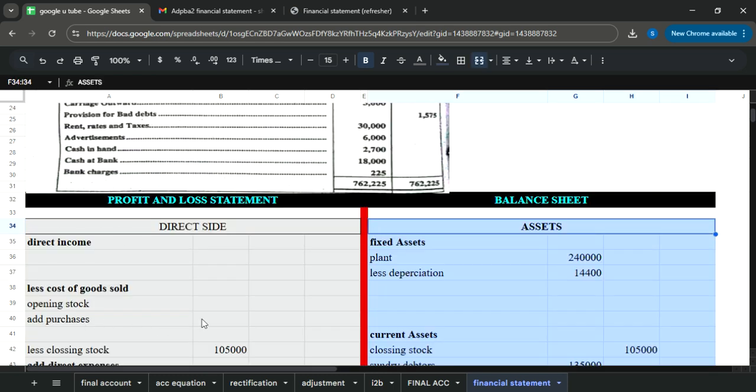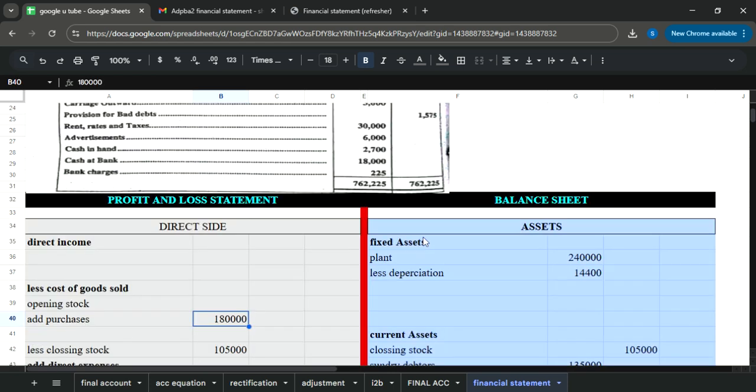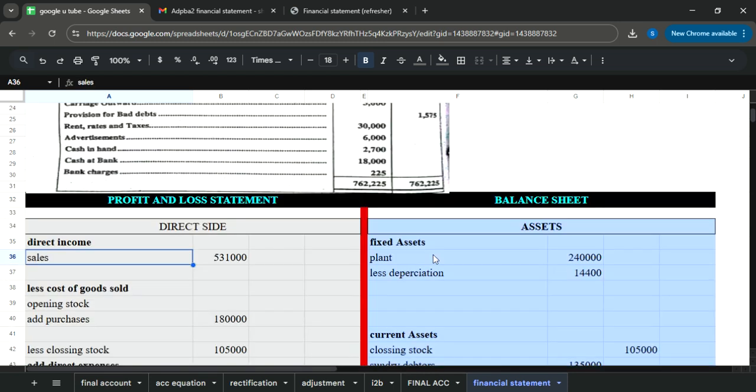Here you will write your purchases 180,000. After purchases we have sales 531,000. Here you will mention the amount of sales, 531,000.